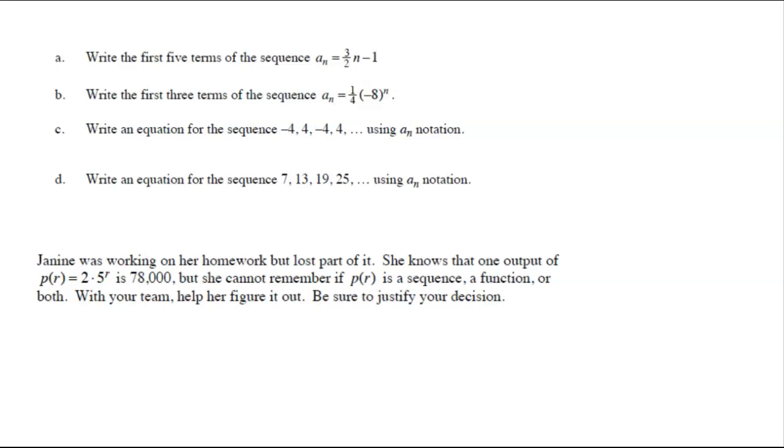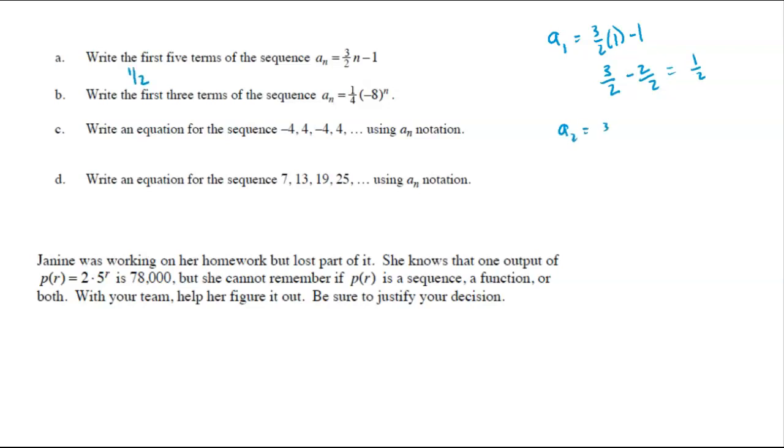Okay, so if you've pressed play, you've paused the video and tried it out. Our first term, A of 1, is equal to 3/2 times 1 minus 1. So this will be 3/2, and I'm going to change the 1 to 2 over 2, so this will just be 1/2. My first term is 1/2.